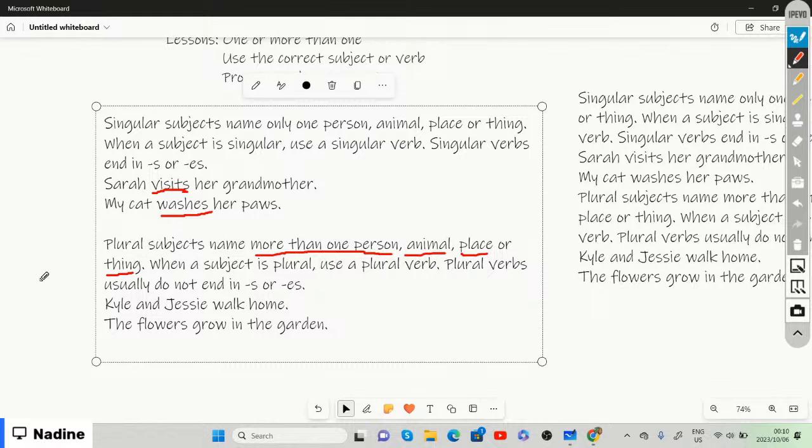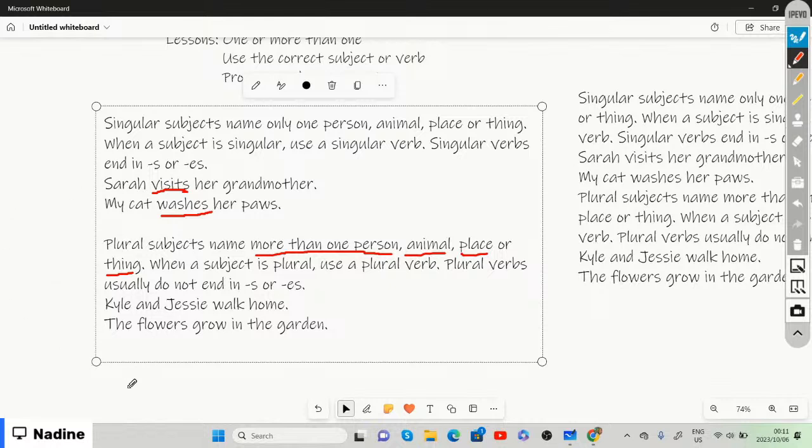And when the subject is plural, we also need to use a plural verb. And plural verbs do not end in s or es.